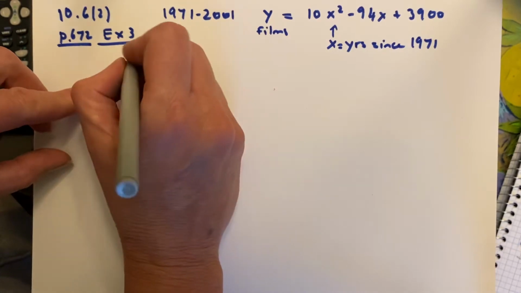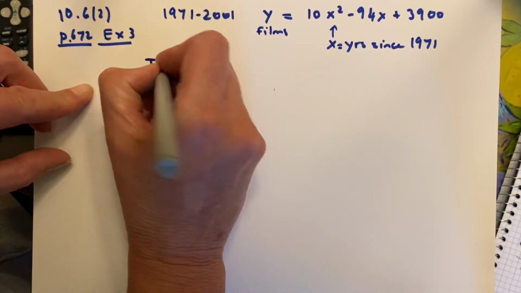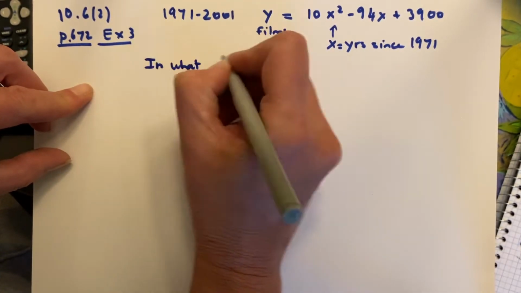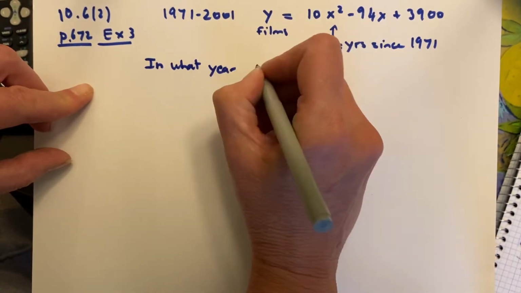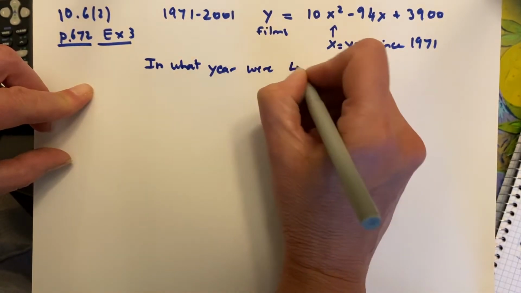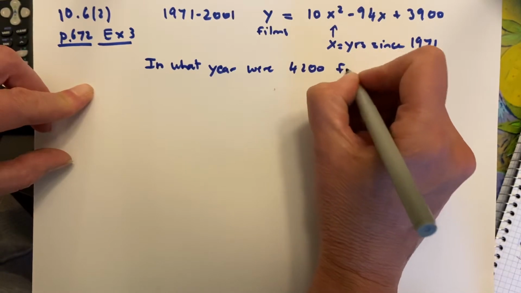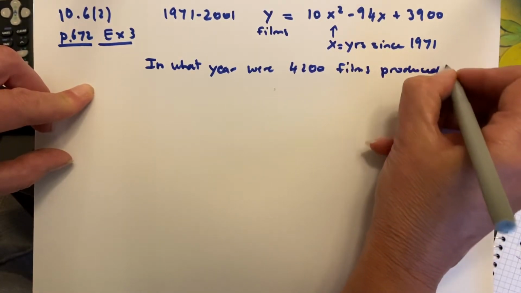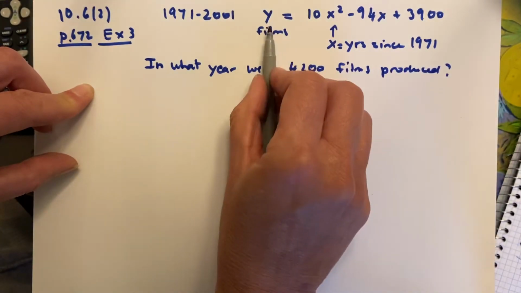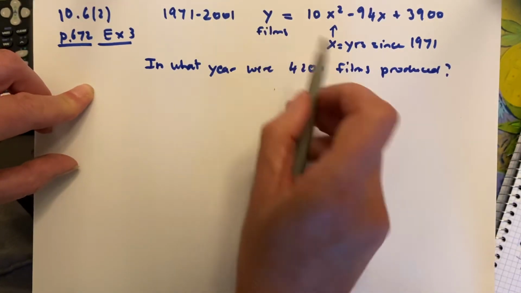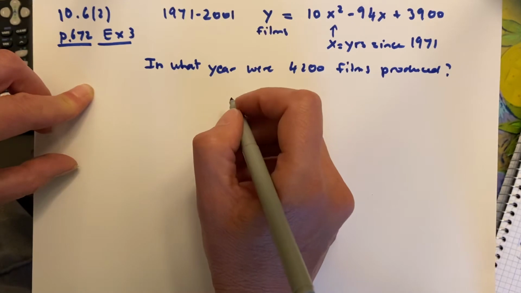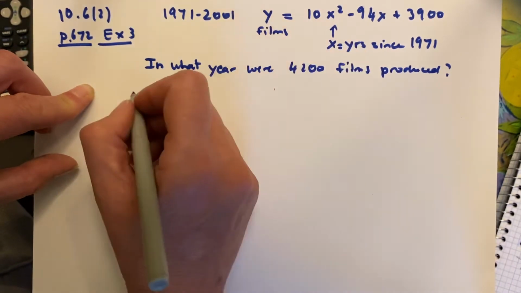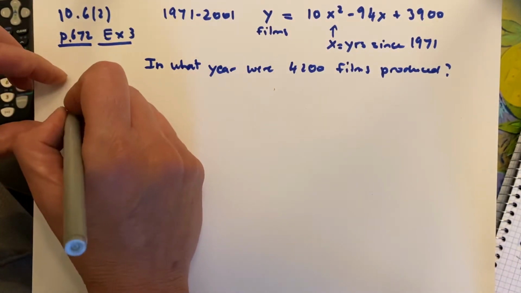Their question is, in what year were 4,200 films produced? In other words, in what year was this y equal to 4,200? Well, the first thing I need to do is just substitute in 4,200, and I'm going to do that right down here on the left.